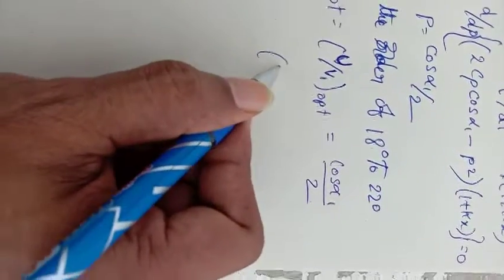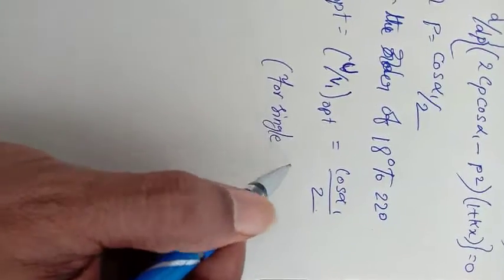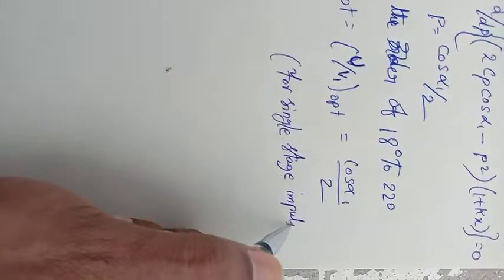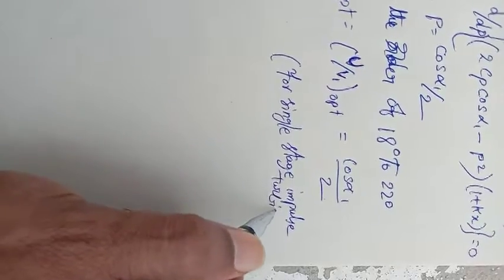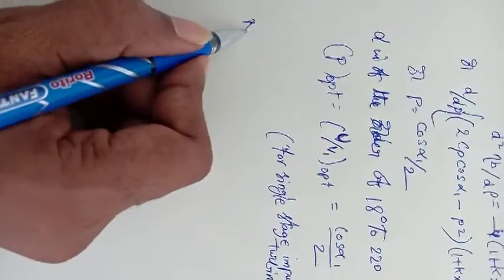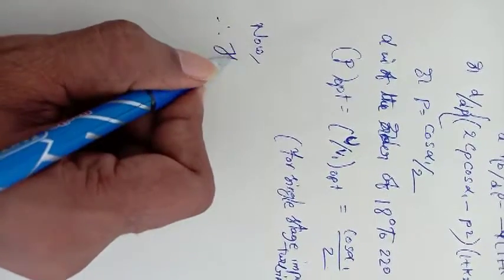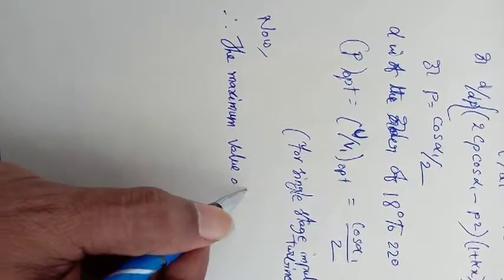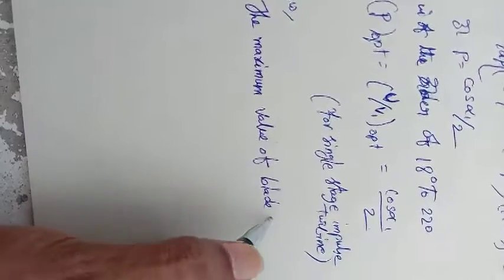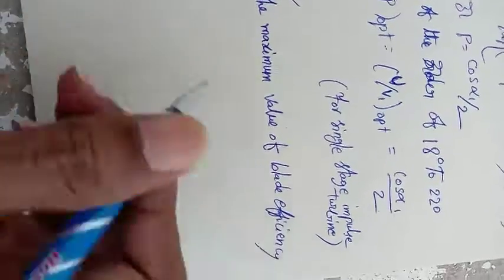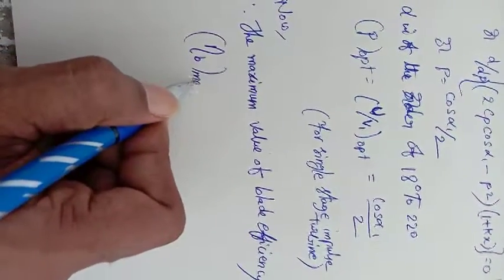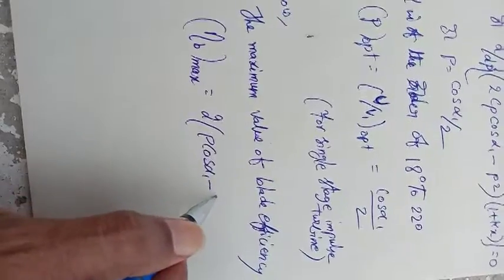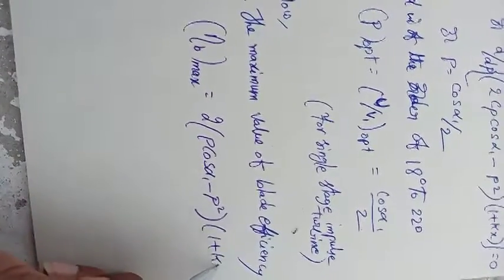Okay, now for a single stage impulse turbine, therefore the maximum value of blade efficiency is equal to 2 into rho cos alpha 1 minus rho square into 1 plus kc.